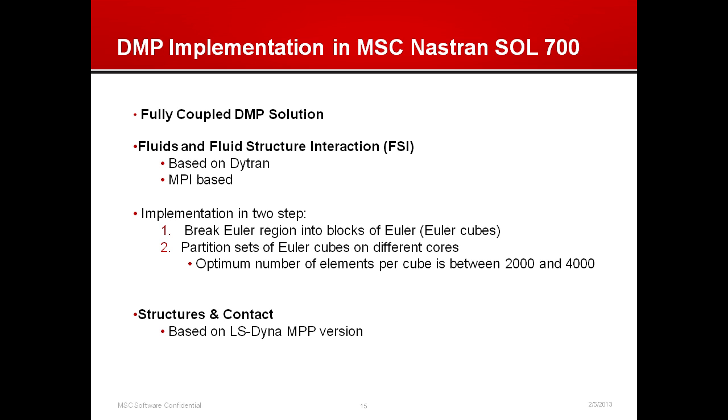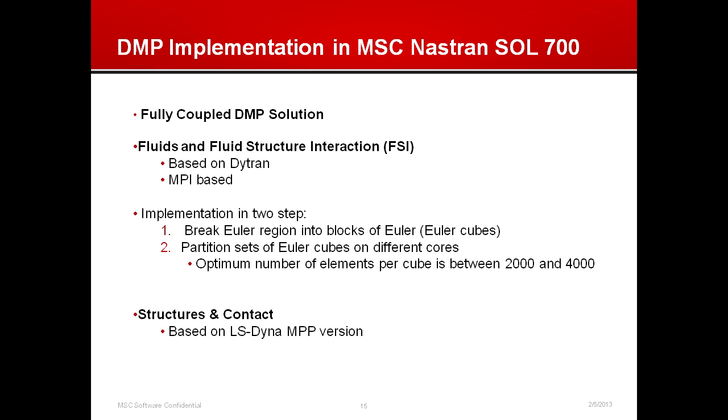The DMP implementation in SOL 700 is a fully coupled solution. It supports DMP for structures, for fluids, as well as FSI applications. The DMP implementation for the fluid solver and the coupling is based on the Dytran DMP technology, Dytran being a product that we have and is the predecessor to Solution 700 in Nastran, and it uses MPI and has a fully parallelized Eulerian solver, the finite volume solver.